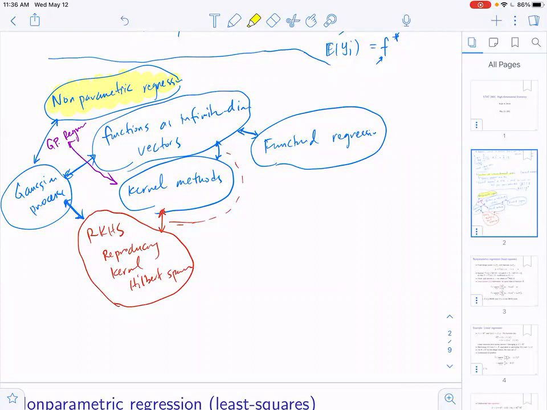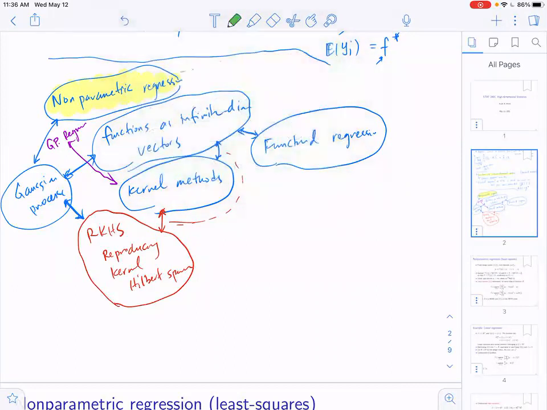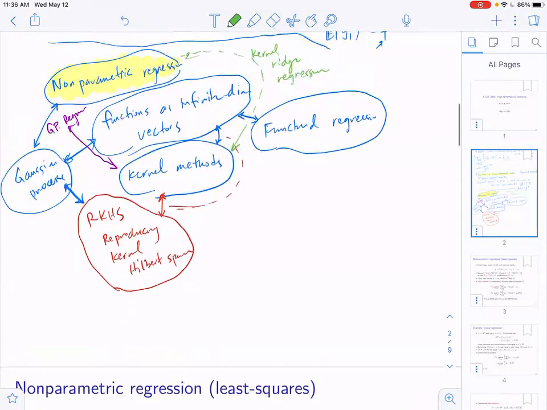An example is the direct connection between these two, which would be kernel ridge regression. Not a nice diagram, but think of everything as connected. So the central idea is functions as infinite dimensional vectors. This is going to come up very often.